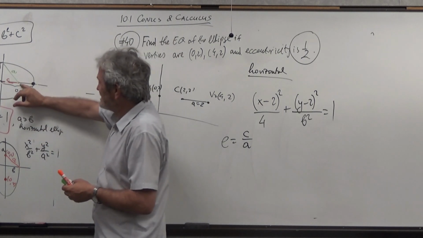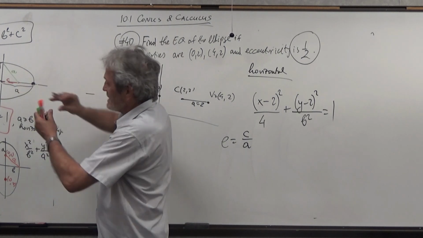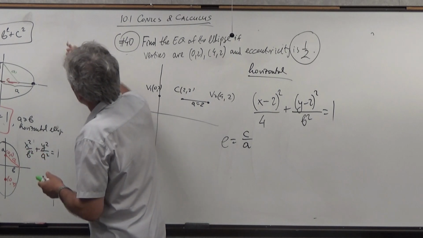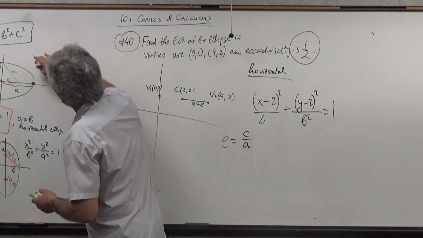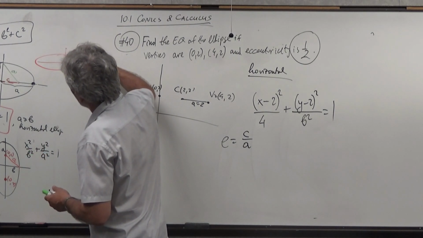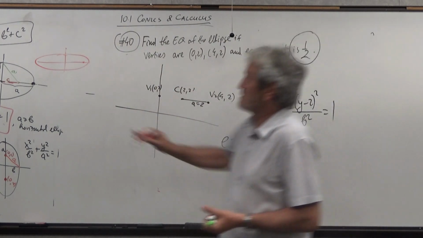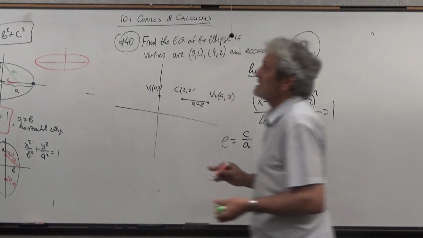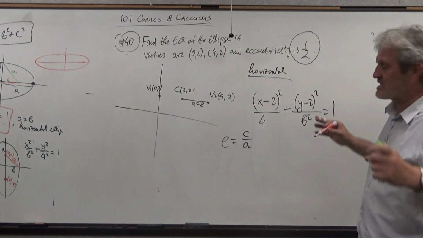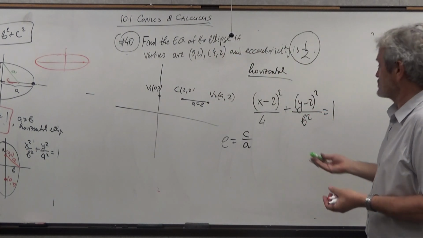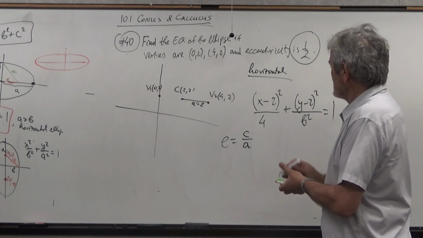The bigger C is compared to A, the higher the eccentricity; C would be very close to A. So eccentricity is always less than 1, of course, because C is less than A, but the closer to 1 it is, the more stretched the ellipse is. So generally what it tells us here is that it's 1/2.